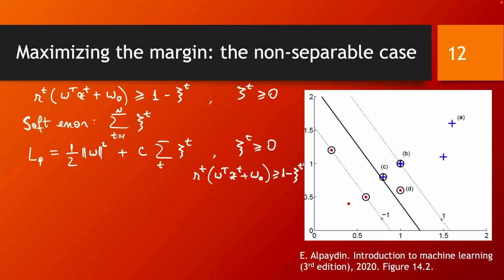And so we have the same idea as before. We are going to add these terms, these constraints, to the optimization objective, and we do that through these so-called Lagrange multipliers.